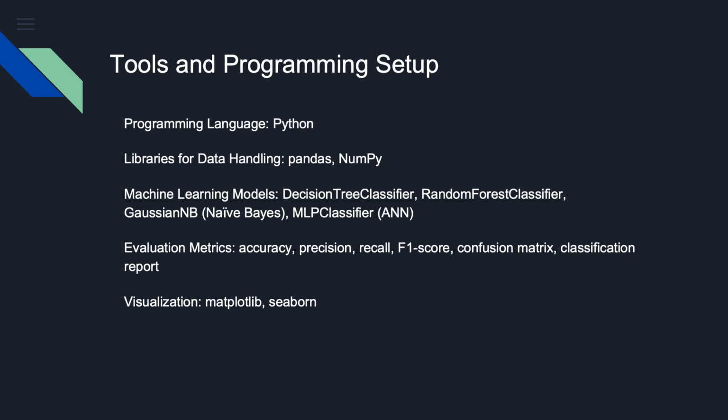Model performance was evaluated using accuracy, precision, recall, F1 score, confusion matrix, and classification reports. To visualize the results, we relied on Matplotlib and Seaborn. Together, this ecosystem provides a robust framework for our experimentation.